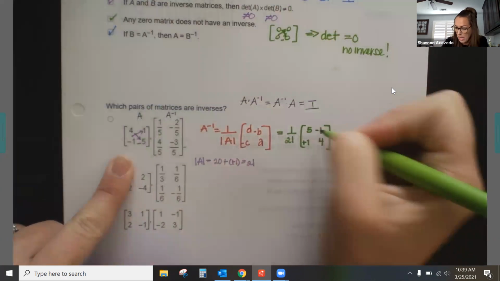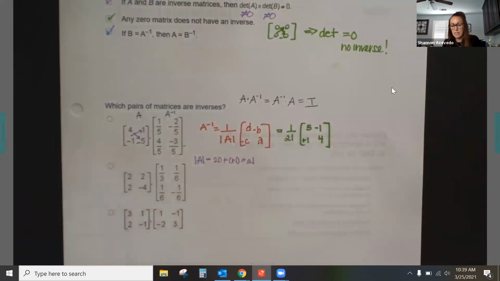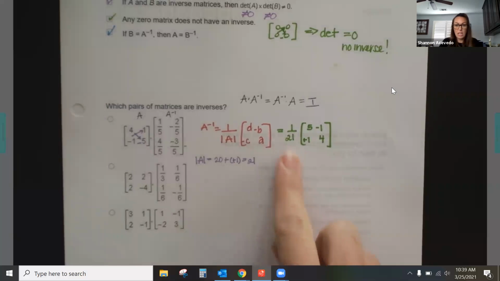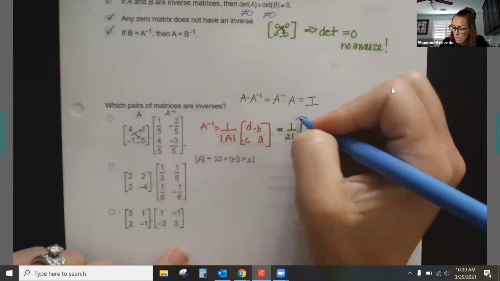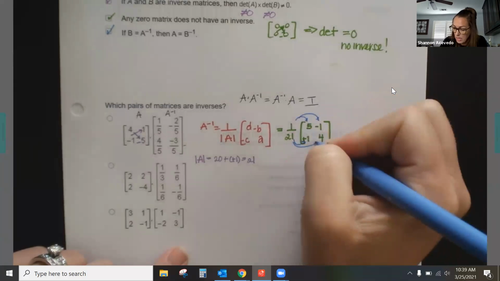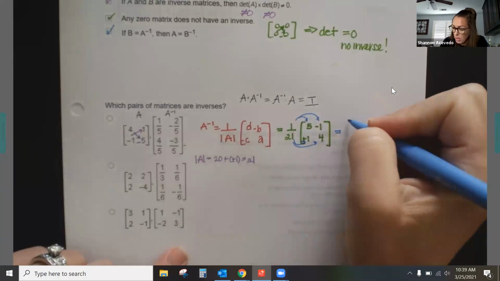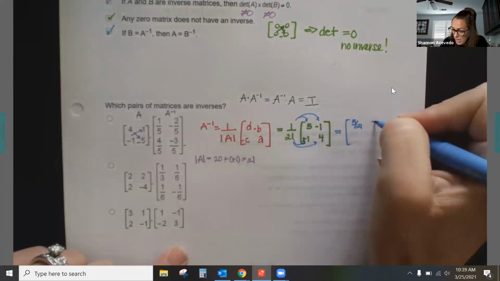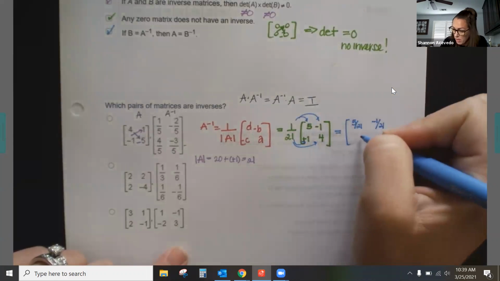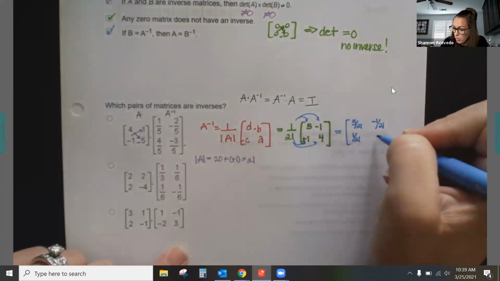My last step is that this is just a scalar and gets multiplied through to each and every one of these terms inside here. So the inverse matrix would be 5 over 21, -1 over 21, +1 over 21, and 4 over 21.